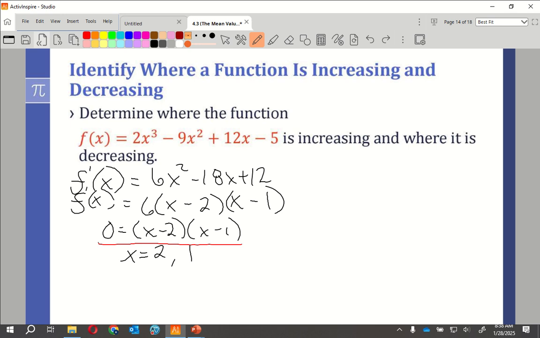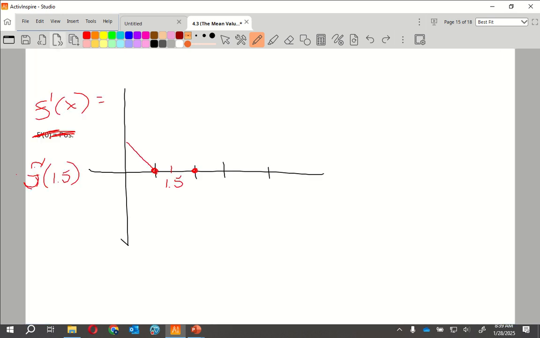That would be a negative 0.5. Over here, this would be a positive 0.5, wouldn't it? A negative and a positive gives me a negative, right? So that means that the next part here is negative. So that means that this is going to be down here, and it's going to have to be coming back up like that for it to be 0 again.